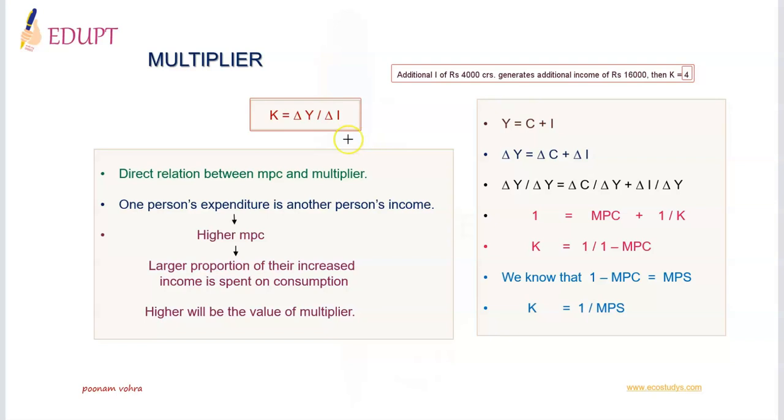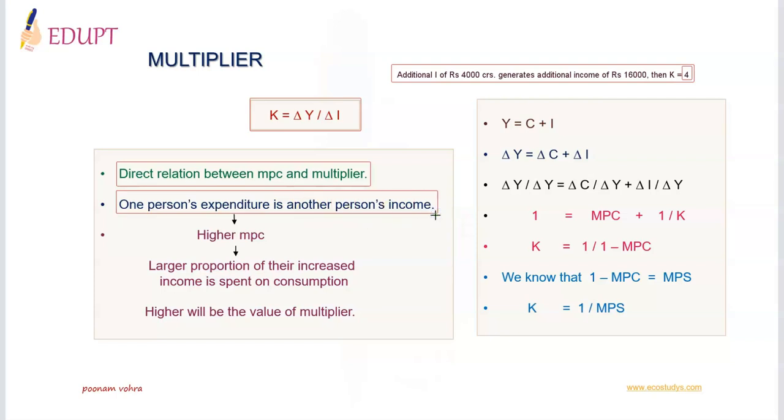One needs to understand that there exists direct relation between MPC and multiplier. Higher is the marginal propensity to consume, more will be the value of multiplier and vice versa. This concept of multiplier is based on the fact that one person's expenditure is another person's income.